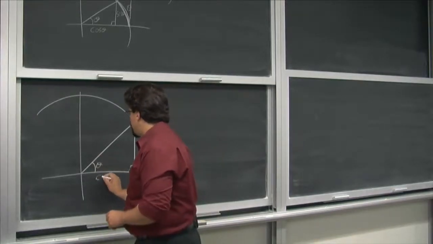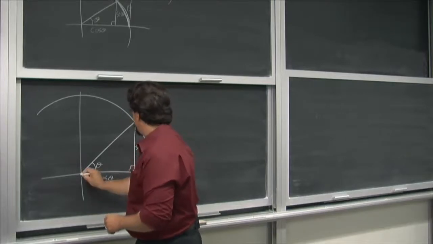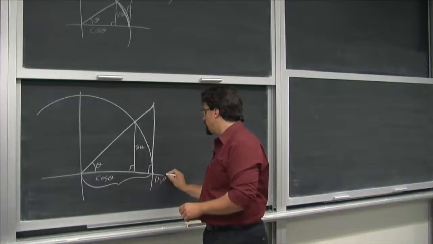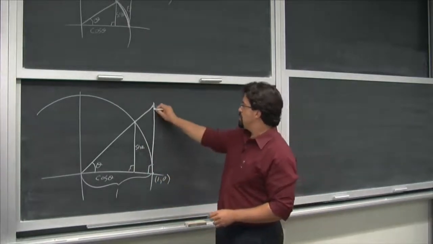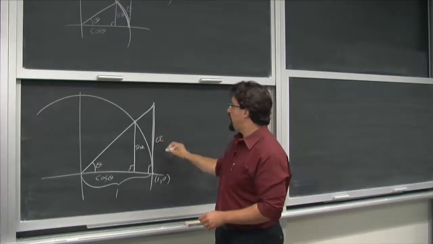This angle is theta, this is cos of theta, this is sine of theta. This point over here is at 1 comma 0, so that length is 1. This over here I'm not sure about, so I'm going to call it A.